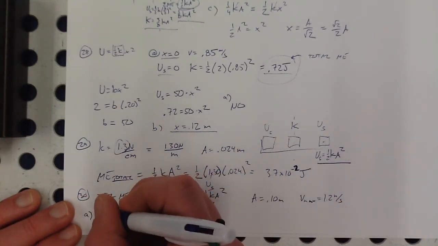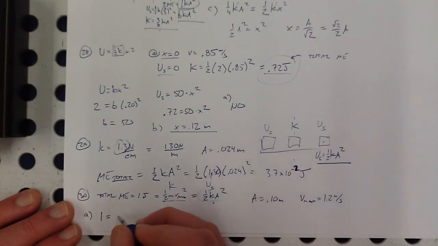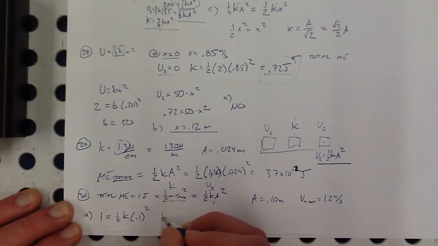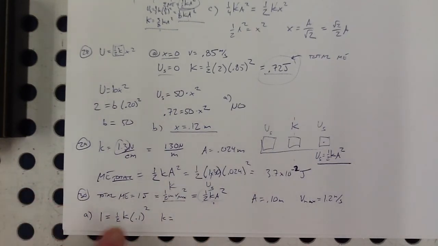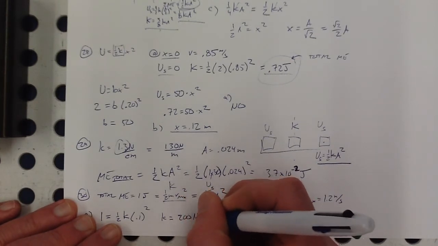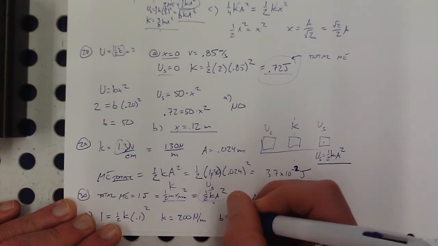So 1 is equal to 1/2 k a squared. So let's see, that's 200, right? Yep. So 200 newtons per meter is the spring constant.